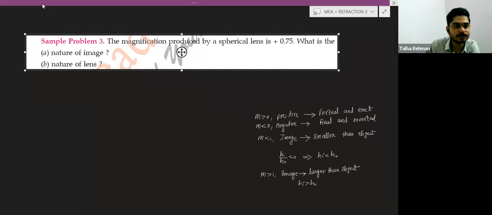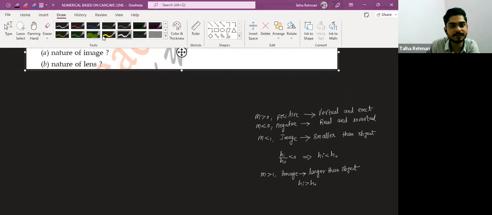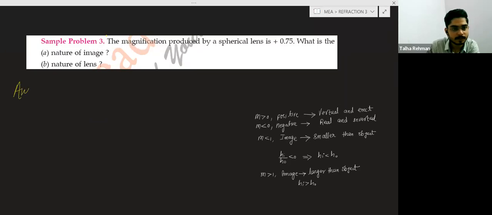Magnification, first write the value of the magnification and try to identify. Your magnification is given as plus 0.75. So what can you say? Your magnification is greater than 0, and your magnification is less than 1.